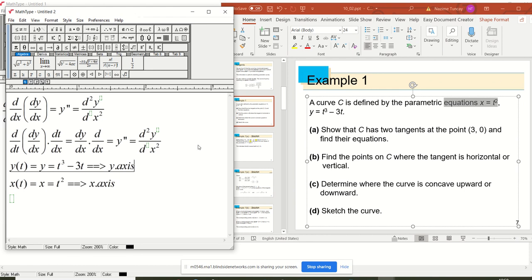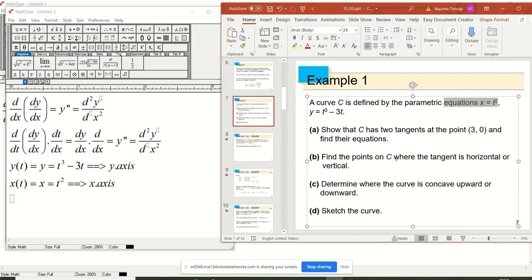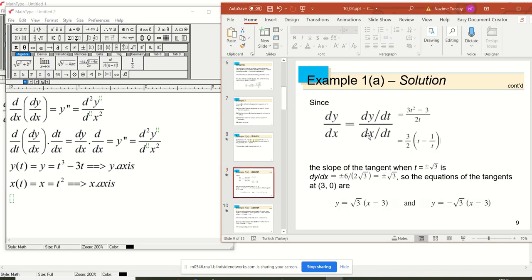So what we do here, first of all, we put y equals to 0. That's what the equation says to us. And in this equation, we find values of t. Then come to here. But we want to find derivative of y according to x. Why?